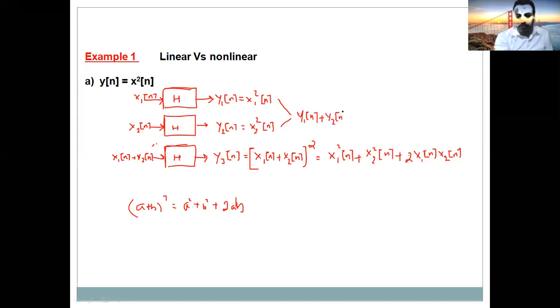When you apply the inputs individually, x1, when you applied, the output will be x1 square. So y1 is x1 square, right? What is y2? y2 is here, x2 square.